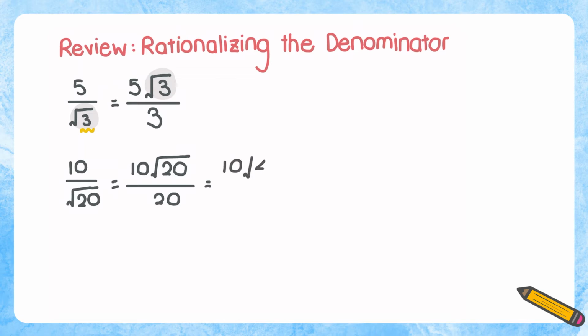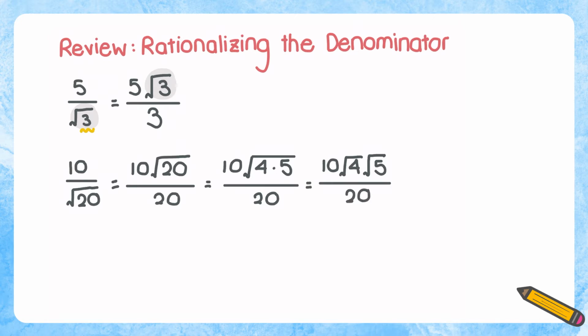Notice how radical 20 can break down to the radical of 4 times 5. So we're simplifying the radical here. Okay, so this will break apart and it becomes 10 times radical 4, so we're separating the radicals, times radical 5, all over 20. And I know that radical 4 equals 2.